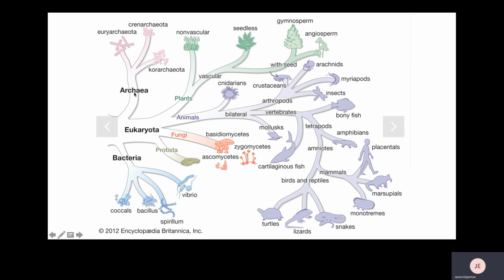In addition, we just mentioned the archaea, the very ancient organisms that only live in extreme environments. The bacteria, again, went on to evolve and adapt to many different functions.